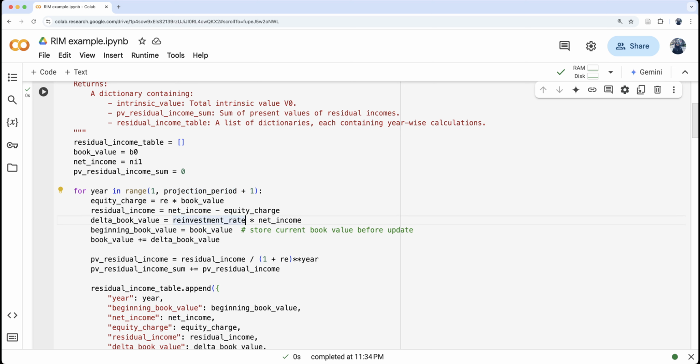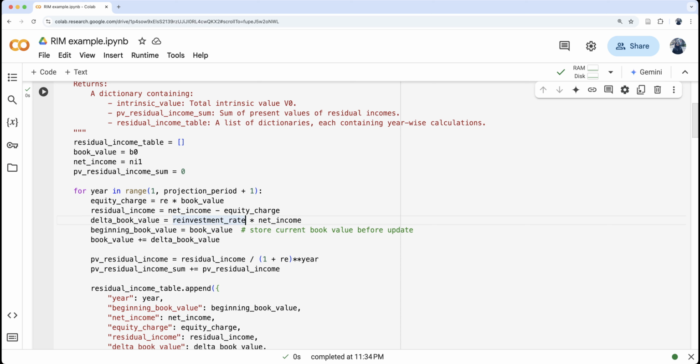The equity charge is RE, cost of equity, multiplied by book value. Residual income is net income minus equity charge.